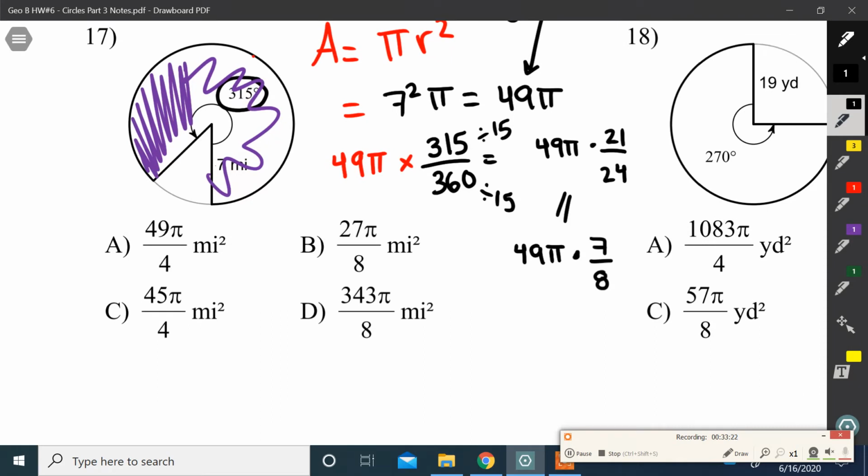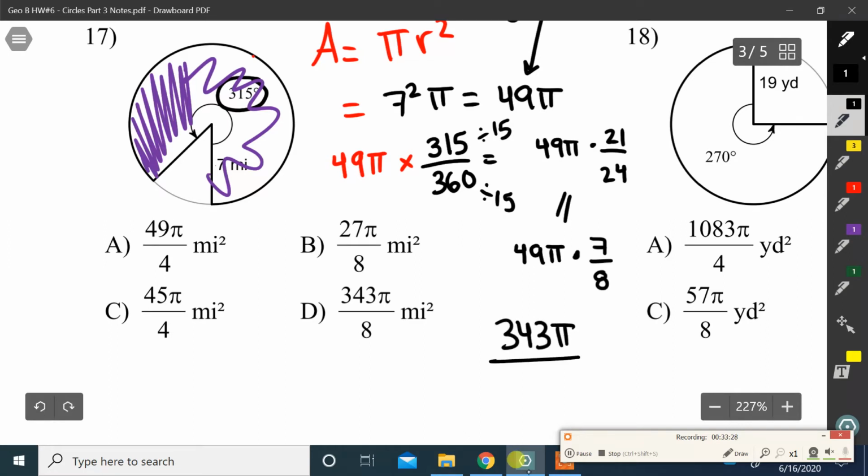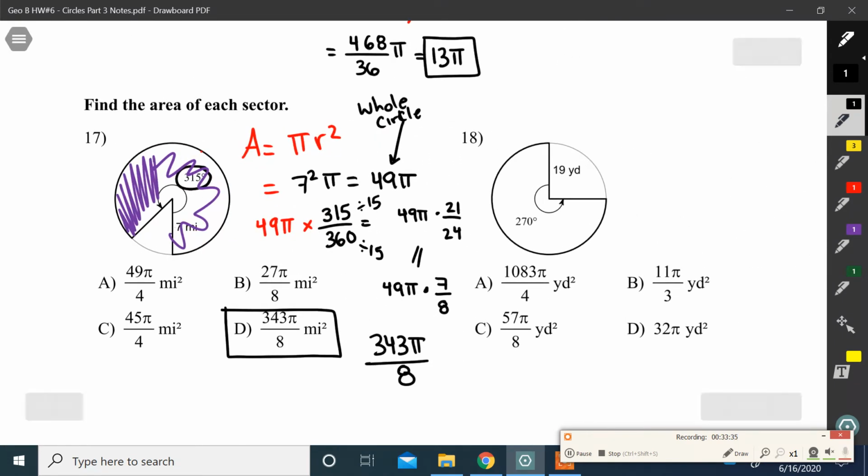Now let's multiply the 49 times 7 and we get 343 pi over 8. So as you can see, the answer for this one will be D. Okay, you're going to be doing the same thing for number 18. You're going to be looking for a fraction of the whole area.